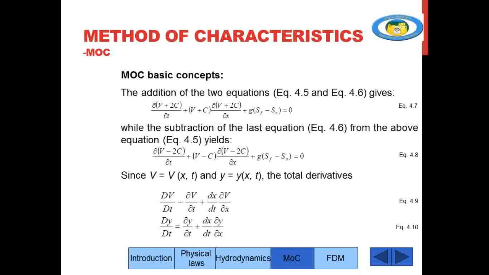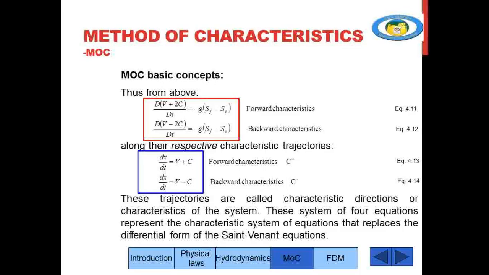And the partial derivative of v plus 2c with respect to x would indicate, in equation 4.9, the partial derivative of v with respect to x, basically. By the same token, you can easily see the total derivative of v minus 2c with respect to t is negative g times friction slope minus bed slope.